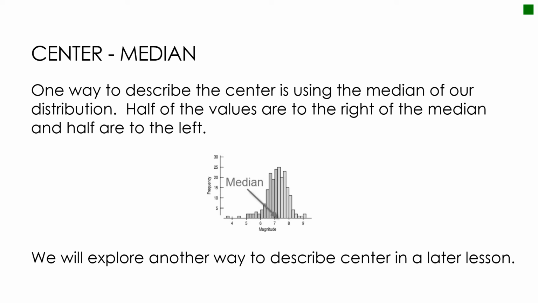And the median is the center of our distribution, which means essentially we would line up our values lowest to highest, or least to greatest, and we would count until we got to the middle. And the great thing about a median is half of our values are on each side of the median. That is what a median is. Just like a median runs down the middle of the road, it is the halfway point of our data.